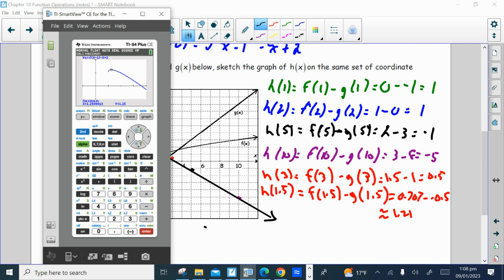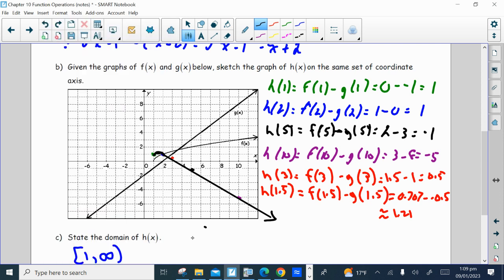What we just did was using x equal 1.5, and we got a y value of 1.21. But our calculator tells us that that's not the maximum point. The maximum point is actually at 1.25 comma 1.25. So using the graphic display calculator, our maximum is at 1.25 comma 1.25.